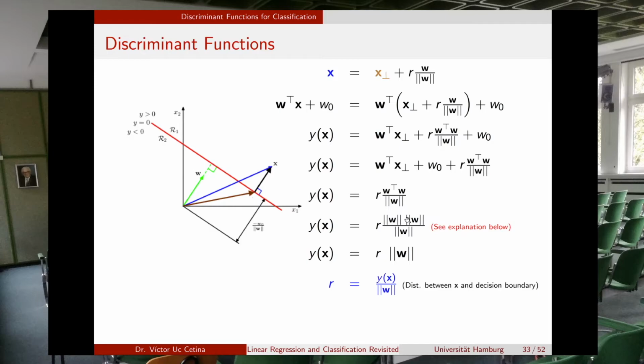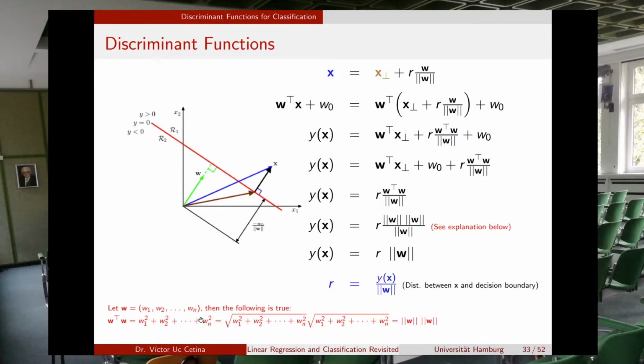That is simple to show. So consider a generic vector of dimension n. The product w times w is expressed like this: w1 squared plus w2 squared, and so on, wn squared.